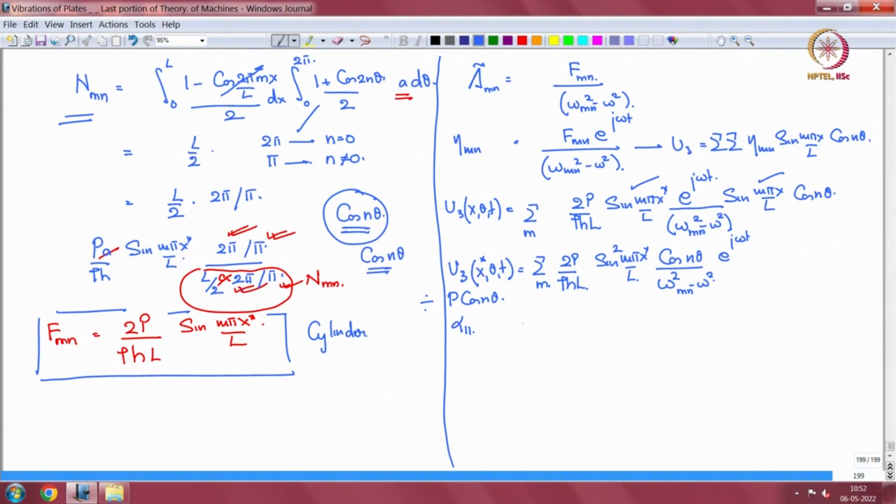If we do that, alpha 11 becomes the sum over m from 1 to infinity of 2 by rho h L, sine squared of m pi x star by L, by omega squared mn minus omega squared. That is your alpha 11, for the cylinder.